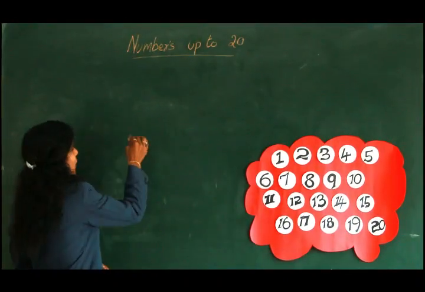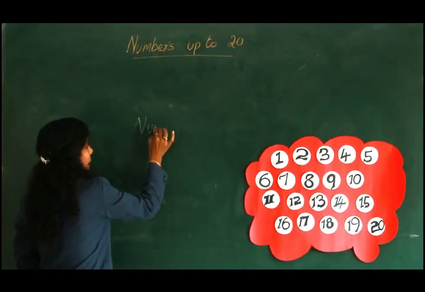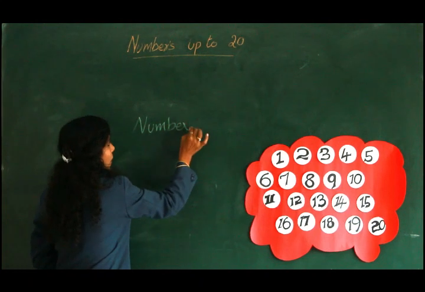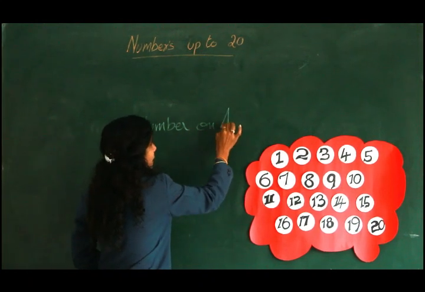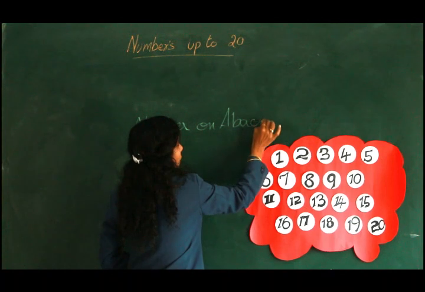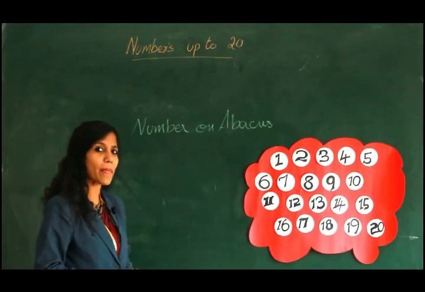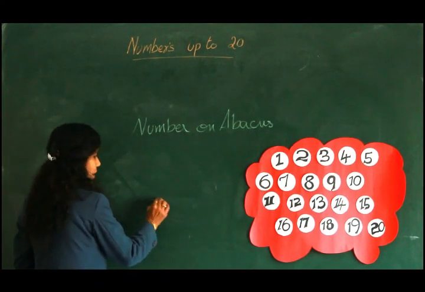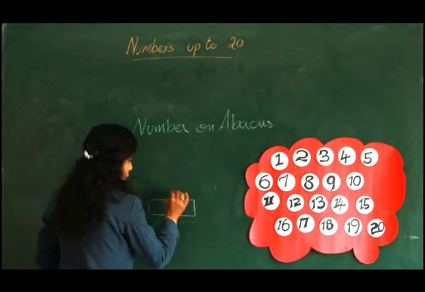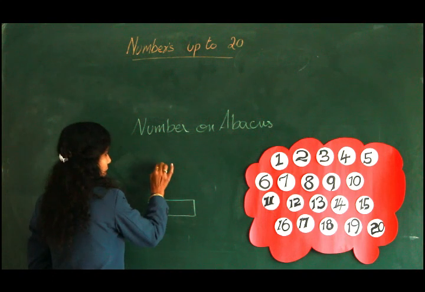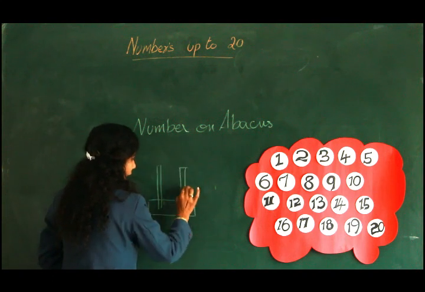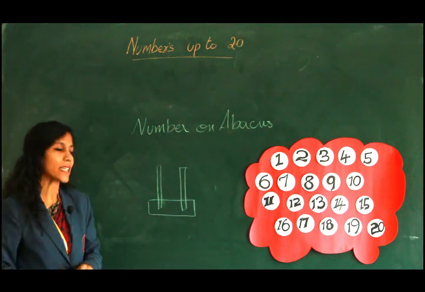Going to the next concept, number on abacus. Now what is an abacus? It is a tool which has rods, and these rods are called spikes.